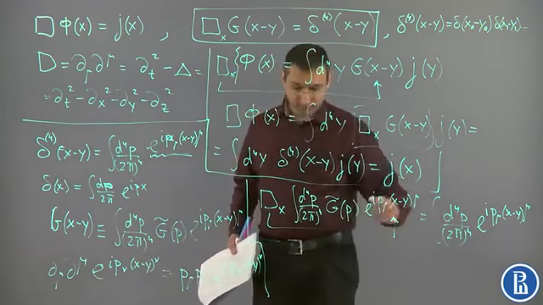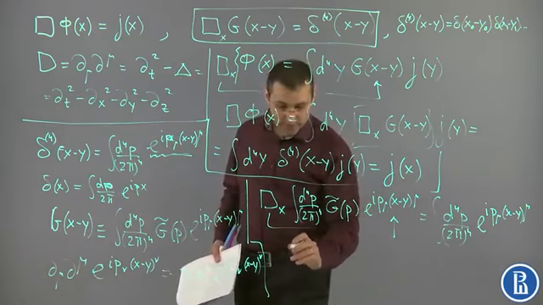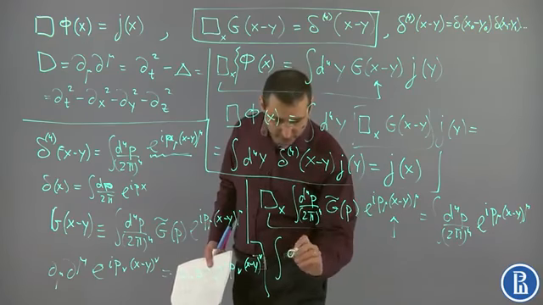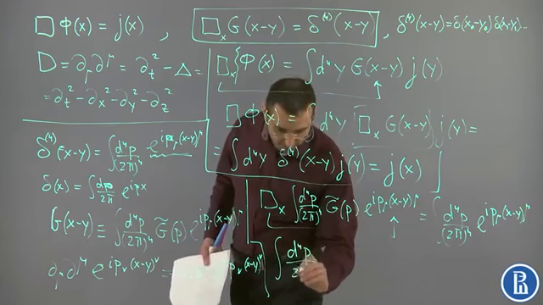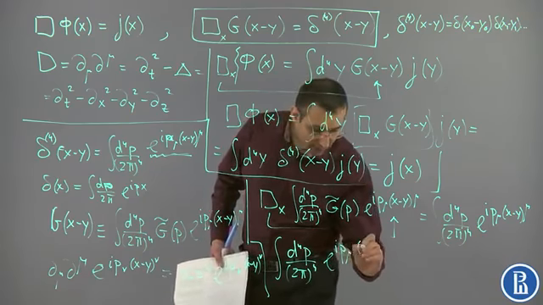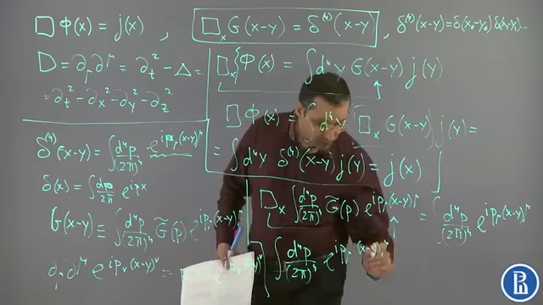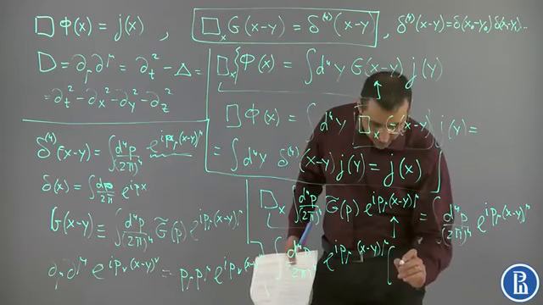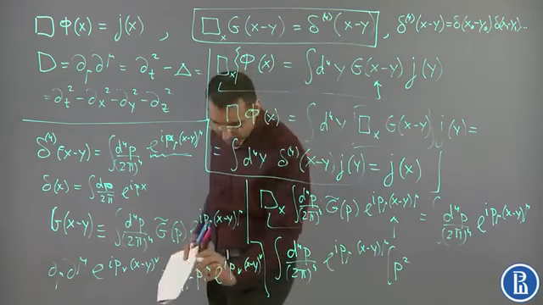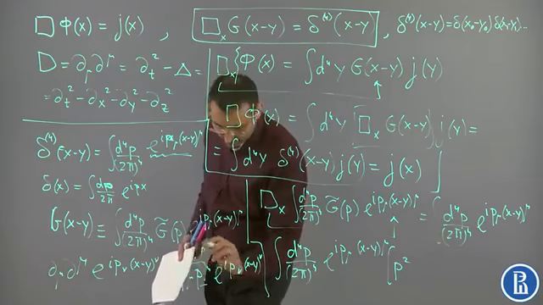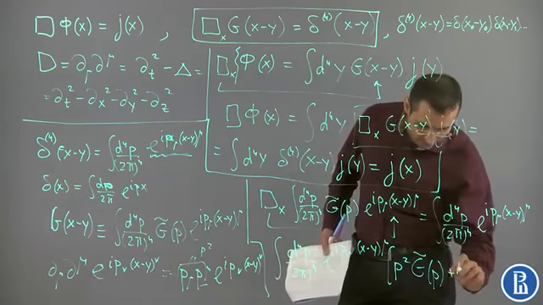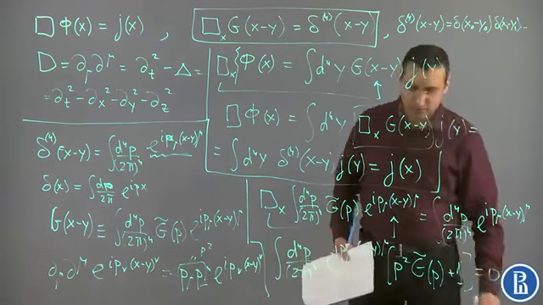Then, from here, what do we obtain? Combining everything on one side, we obtain the integral d4p over 2 pi to the fourth, exponent of i p mu x minus y mu, acting on p squared g twiddle of p plus 1, and this is all equal to 0.